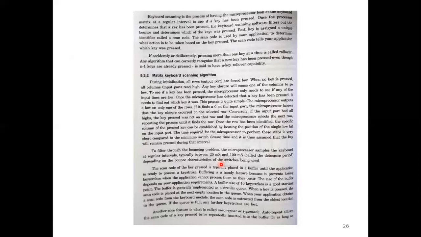Once the microprocessor has detected that a key has been pressed, it needs to find out which key it was. This process is quite simple. The microprocessor outputs a low to only one of the rows. If it finds a zero on the input port, the microprocessor knows that the key closure occurred on the selected row. This is how we find which key is pressed.